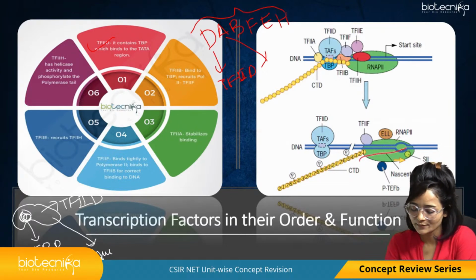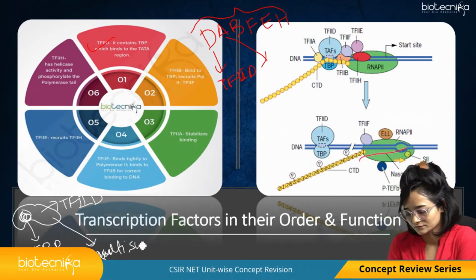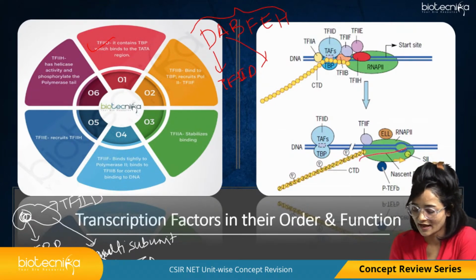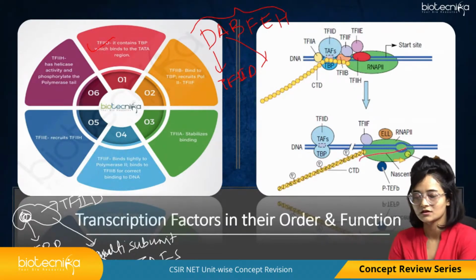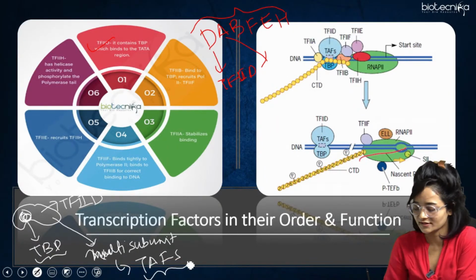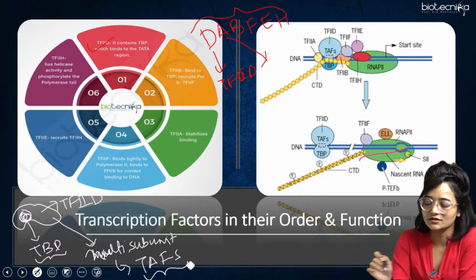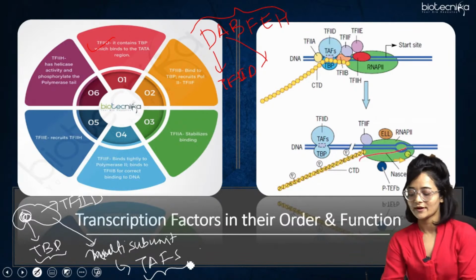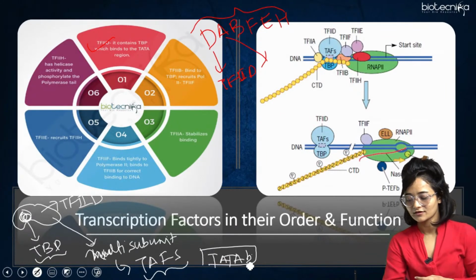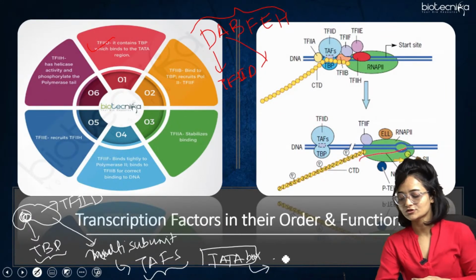So there would be multiple subunits present here. These multiple subunits are known as the TAFs, TATA binding associated factors. Whenever the TATA box is there in the core promoter, it will bind to the TBP, TATA binding protein.